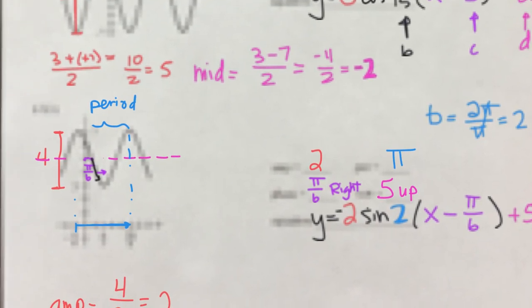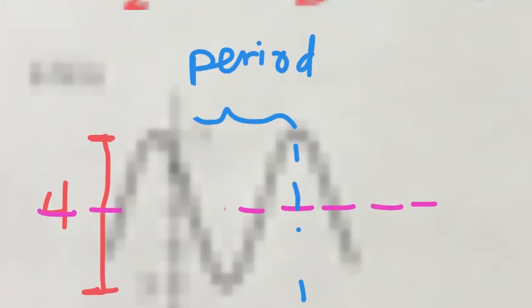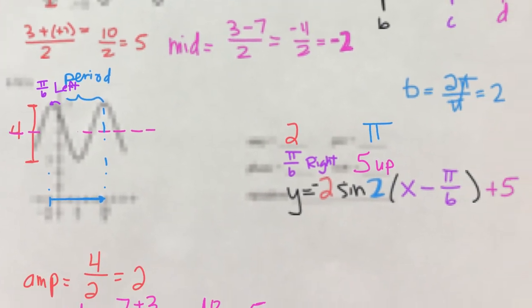Just for fun, let's see what would change if we made this into a cosine graph. To me it looks like it's going to be a cosine graph, so let's make it as if it were. For a cosine graph, we've been moved pi over 6 units to the left. Our maximum is left of the y-axis. So how does that change your equation?